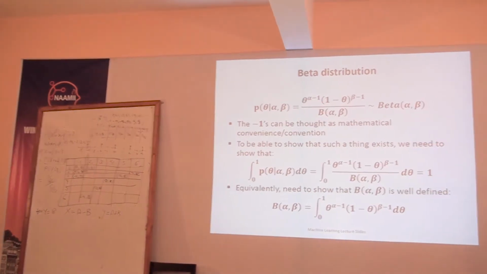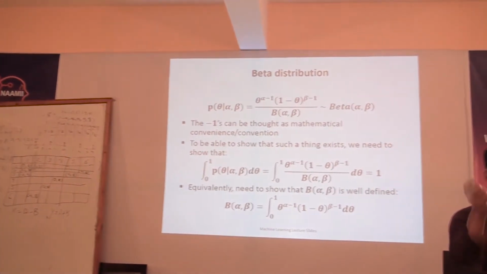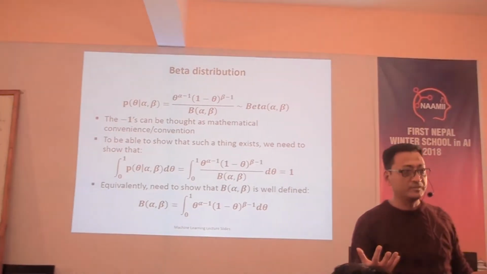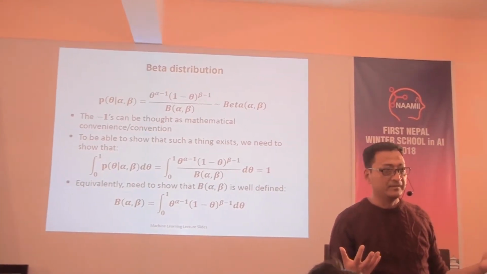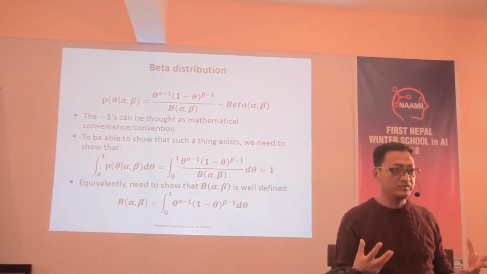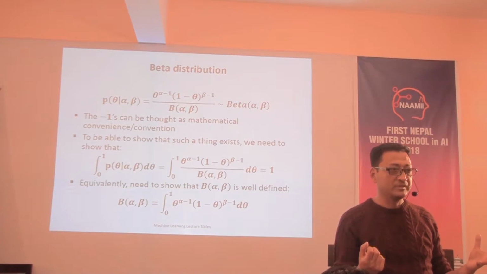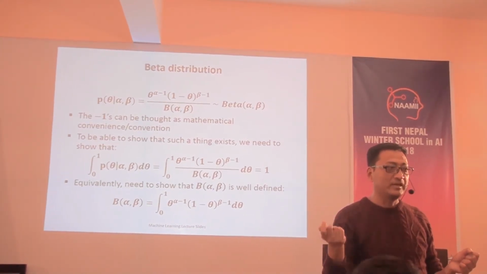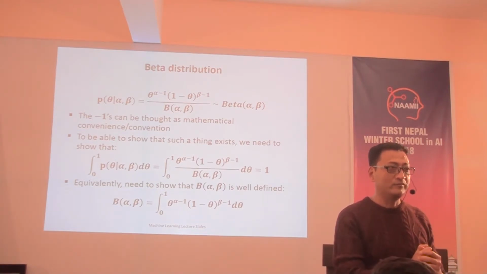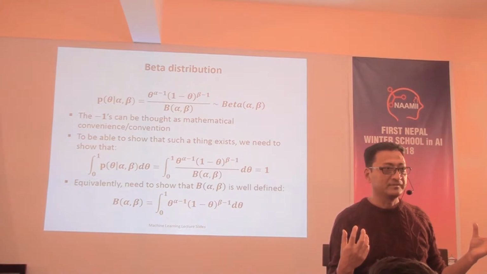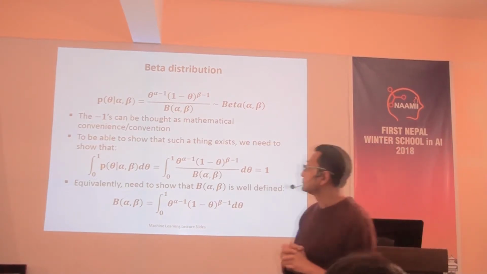If I can find a constant such that the area under the curve comes out as 1, then I have invented a new distribution. That's the name of the game. You can choose arbitrary shapes, put in some constants, do the integration, and if you're able to solve for the value of the constant, you come up with a new distribution.